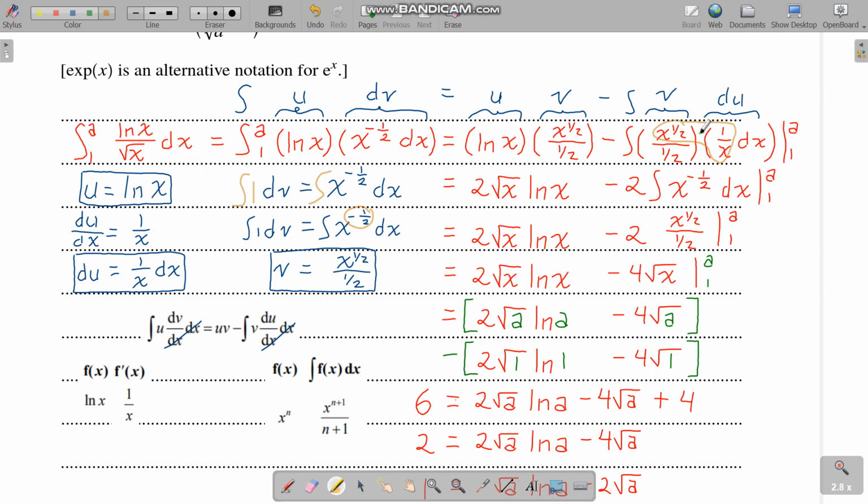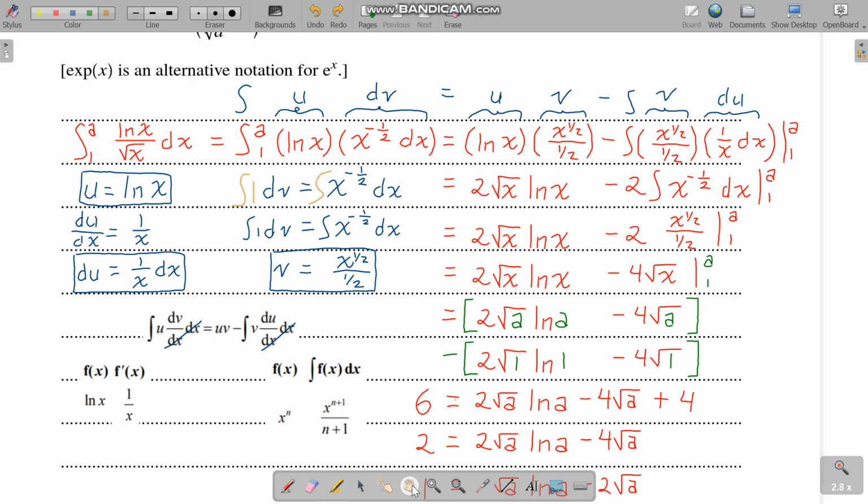We subtract the powers. 1/2 minus 1 is minus 1/2. Okay, now we still need to integrate one more time. We're going to get x to the power of 1/2 divided by 1/2 from this integration, and this is divided by 1/2, so times 2. 2 times 2 is 4, and this is square root of x.